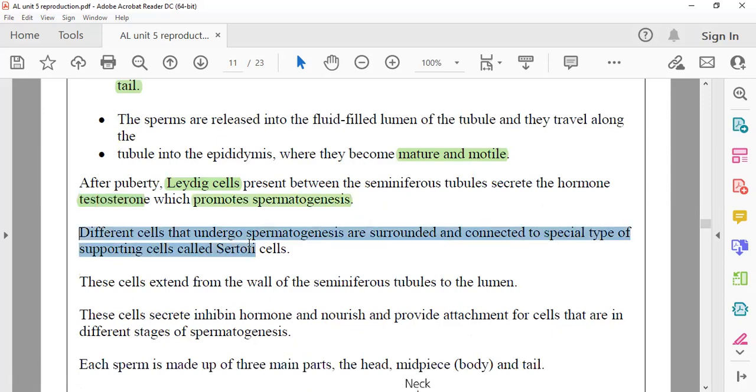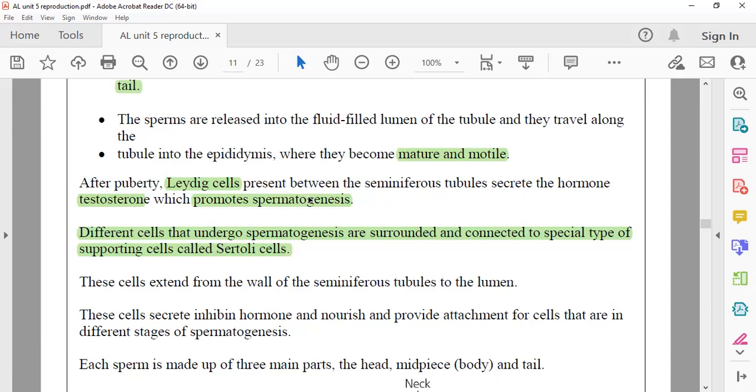Do you know the statement that Sertoli cells are attached to various stages of spermatogenesis? What do the Sertoli cells do?